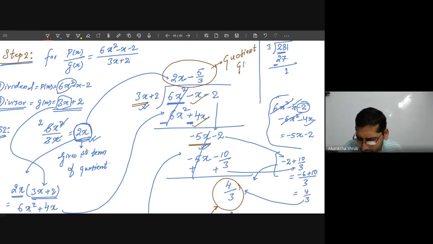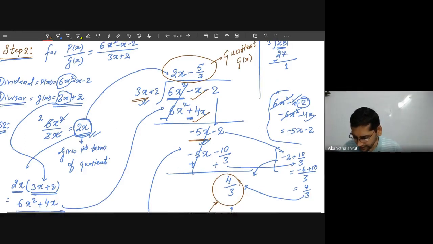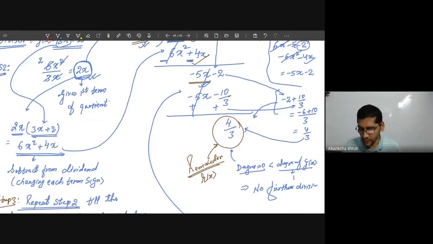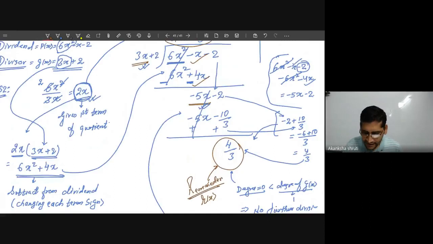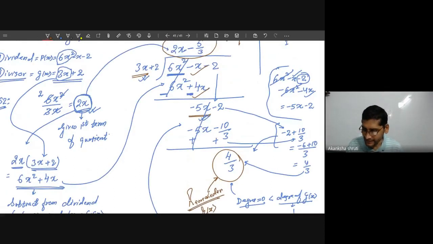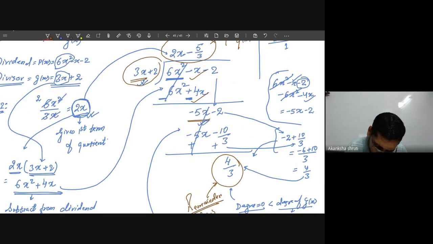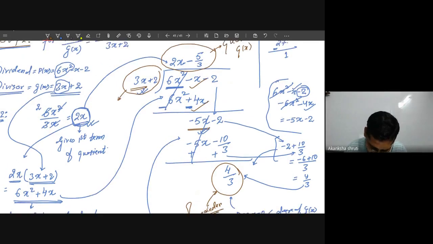This is denoted by qx and the remainder is denoted by rx. Though it is a real polynomial, it does not contain x. If the divisor is of degree 2, then it has x also. Here this 3x plus 2, what is this? What is the name of this? It is the divisor. Good, divisor. This we had denoted by gx.